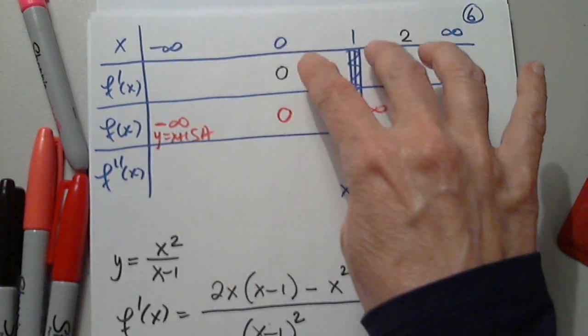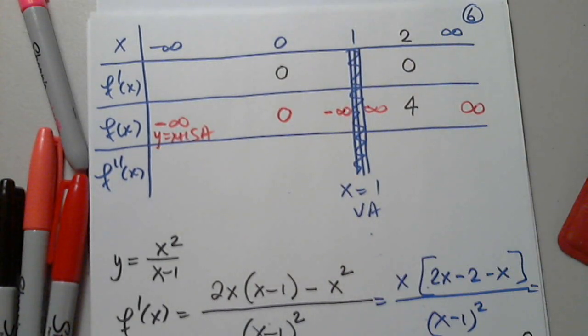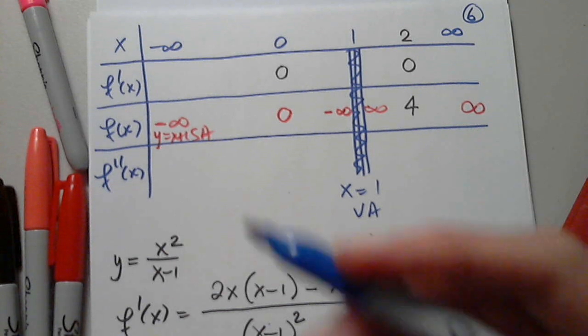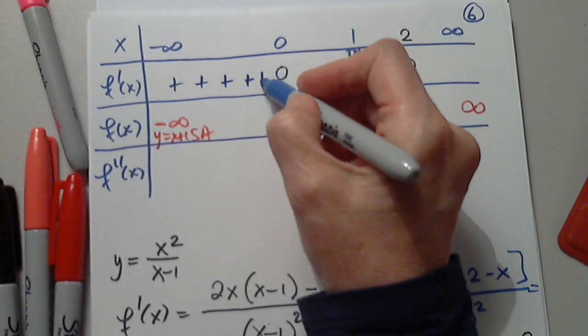I need the sign here, and the sign here. With negative 10, what do I get? 120. So the sign is positive. That's all I care about.